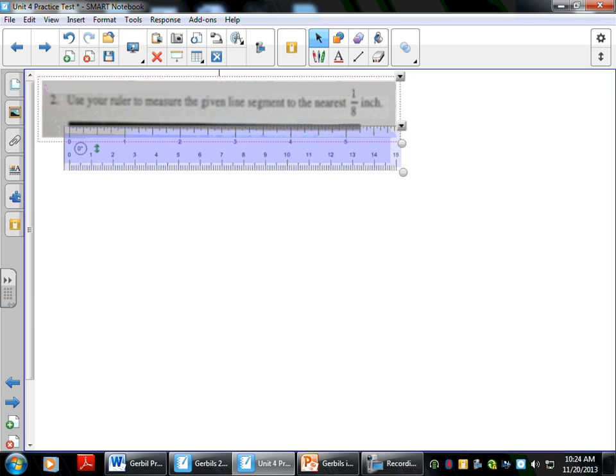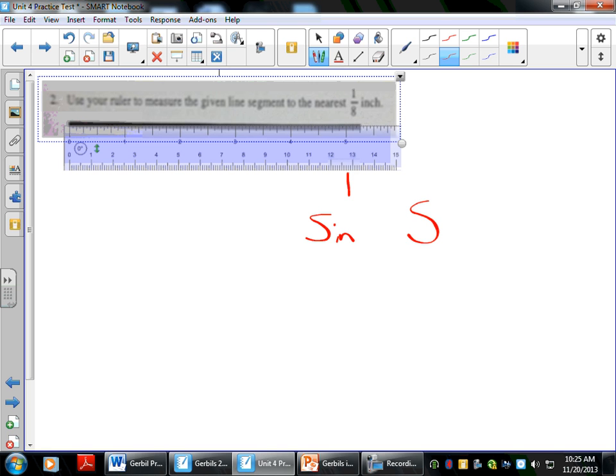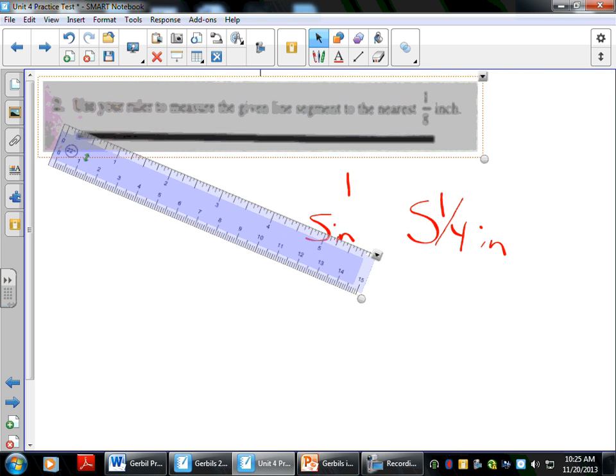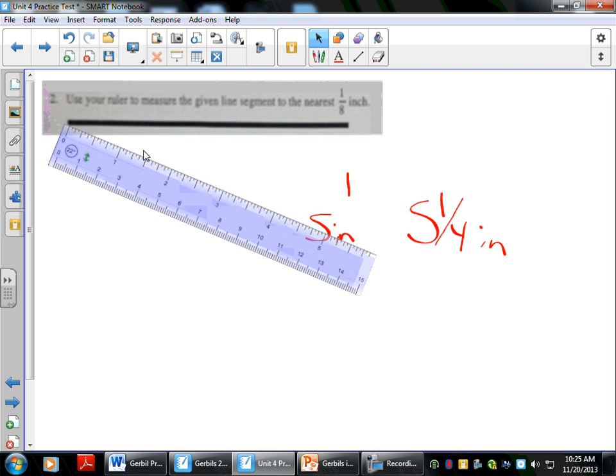Right now I'm looking at 5 inches. And this would be 1/4. 5 1/4 of an inch. Could be different on your paper, because kids, when I put this on here, I had to expand it, so my line could be a little different than your line.